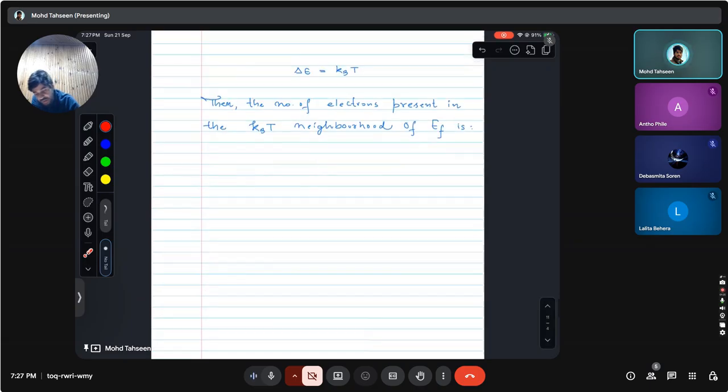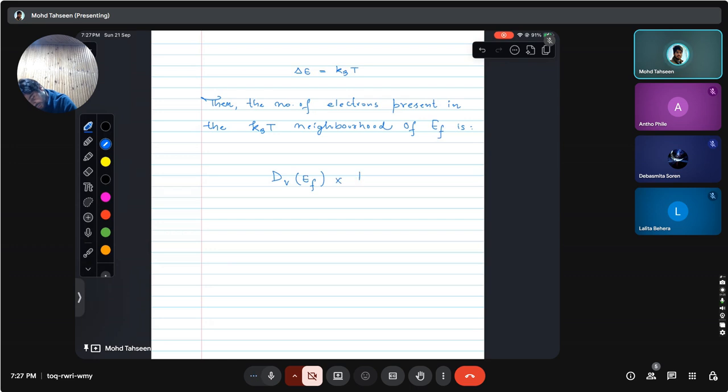And that will now be given by, because we know the density, dV by dEF times kBT. And this is on a per unit volume basis. In a unit volume, this is the number of electrons that will interact if the temperature change causes an energy change of the order of kBT.